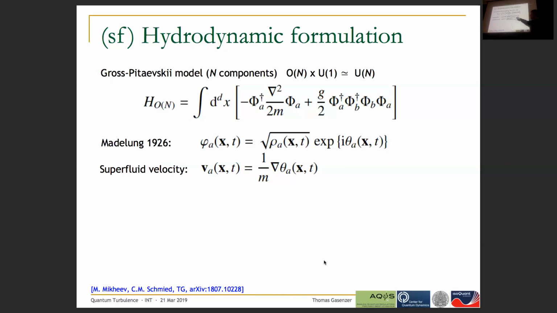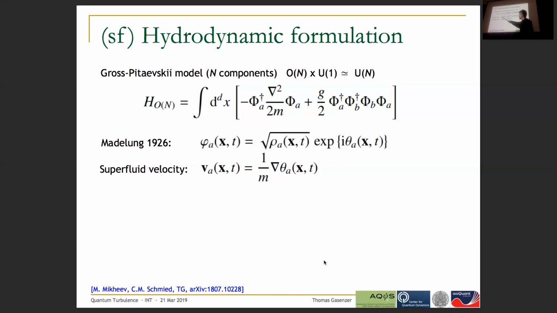Let's now go to the question: how can I actually describe the strong wave turbulence using weak wave turbulence? So what I'd like to do is go over to a hydrodynamic description, as one usually does in cold gas physics, at least when one has a quasi-condensate, as I in equilibrium have only in one dimension. So I'll go over, replacing the field.